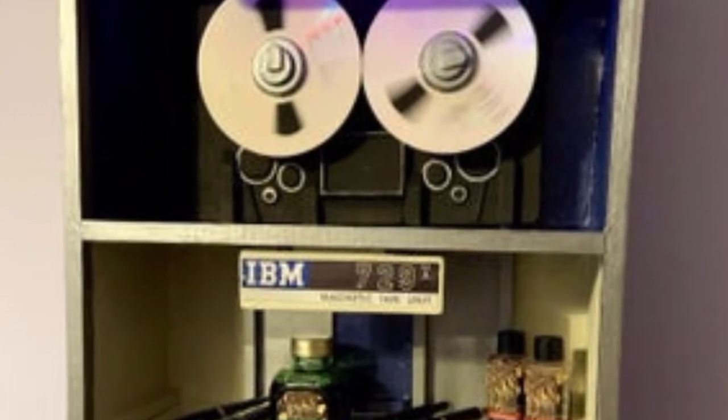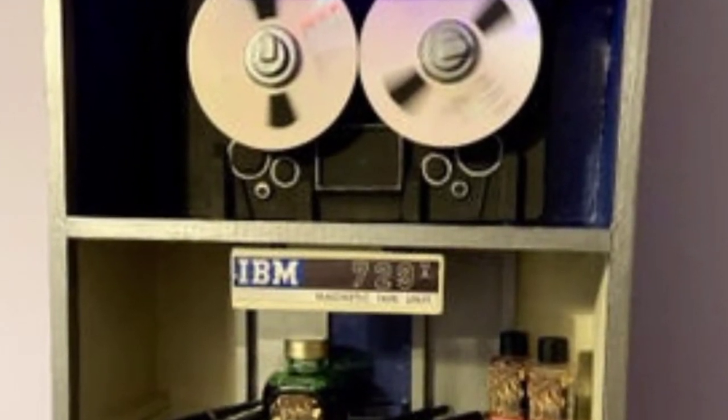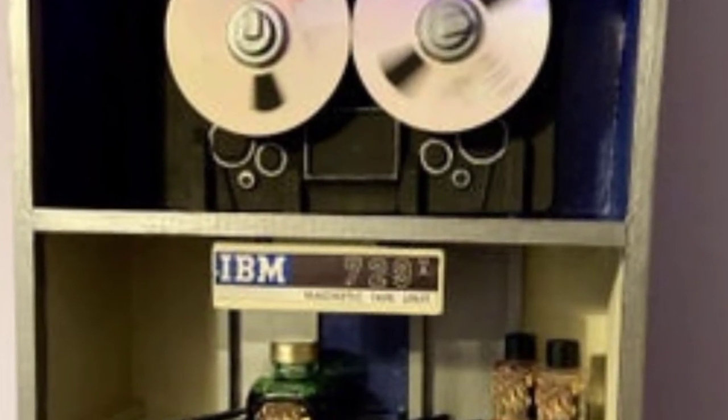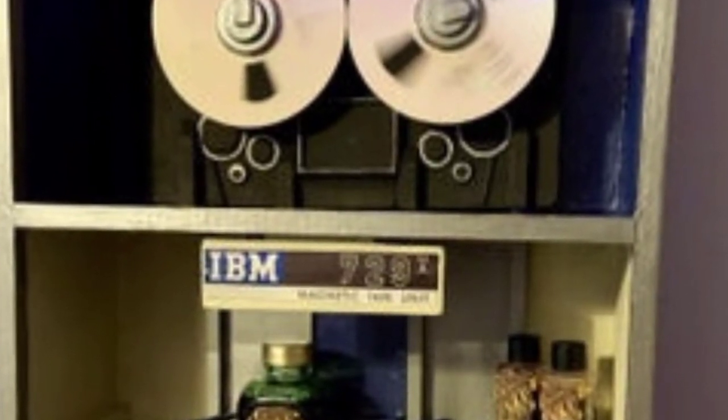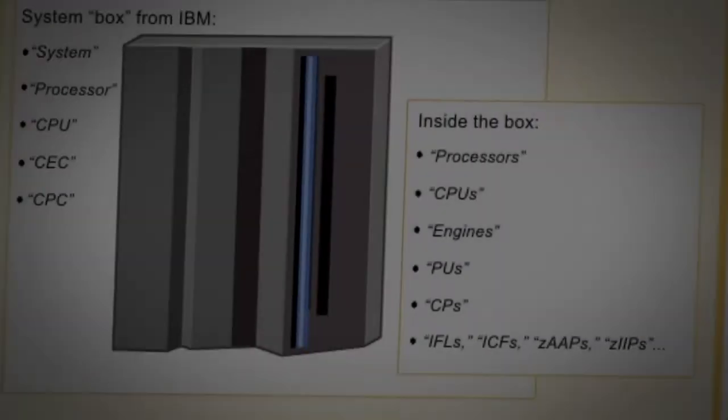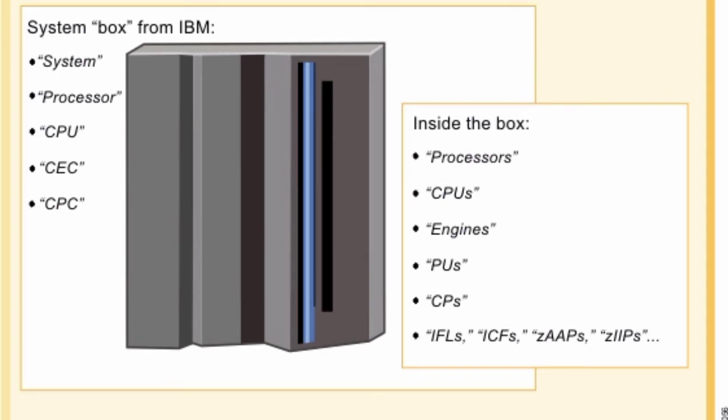In the next slide, we see the internal structure of an IBM mainframe computer. This is called a mainframe computer. In the next slide, we see system books from IBM. System, processor, CPU, CEC, CPC.